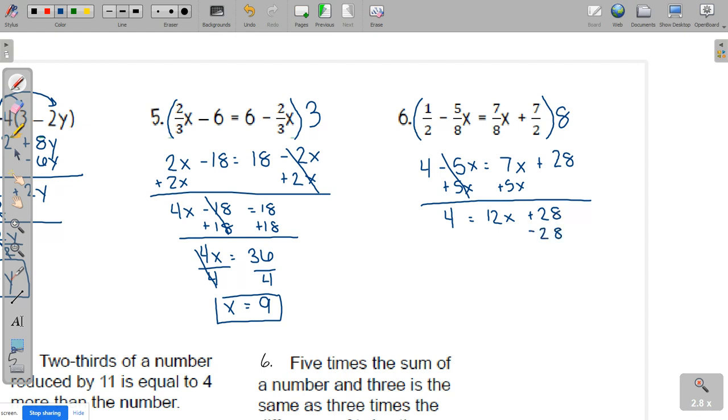Subtract our constant. 4 minus 28 is negative 24. So we have 12x, we have to do the opposite, so we're going to divide both sides by 12. It gives us x to equal negative 2.